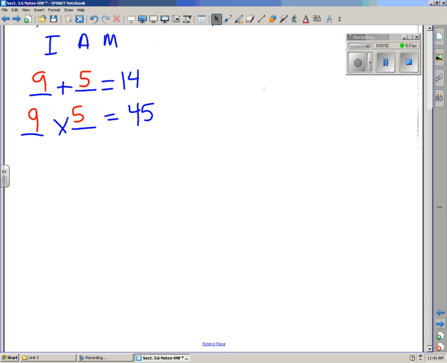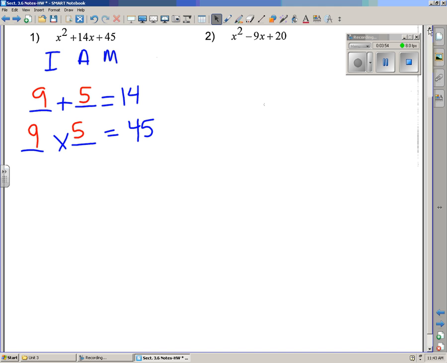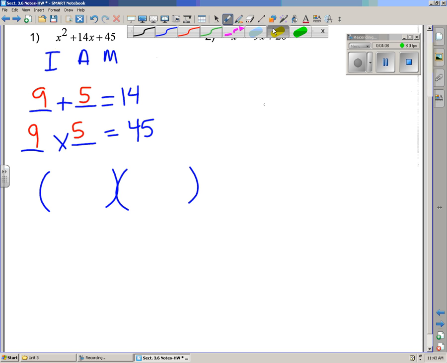All that's left to do is factor. When you factor trinomials, you're looking to have two parentheses. We know what the numbers are going to be: positive 9 and positive 5. We've got to figure out what goes in the front part of the parentheses. That basically says, how do we take this x squared term and break it up evenly? The only way to do that is to have an x in the first part of each parenthesis.